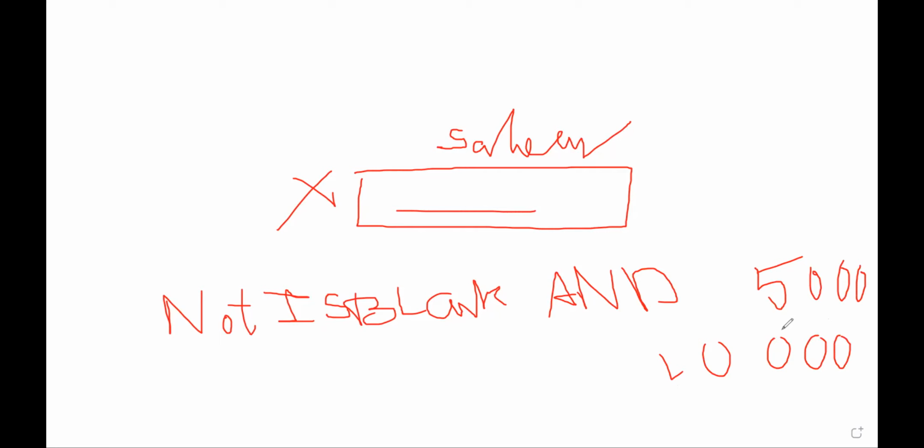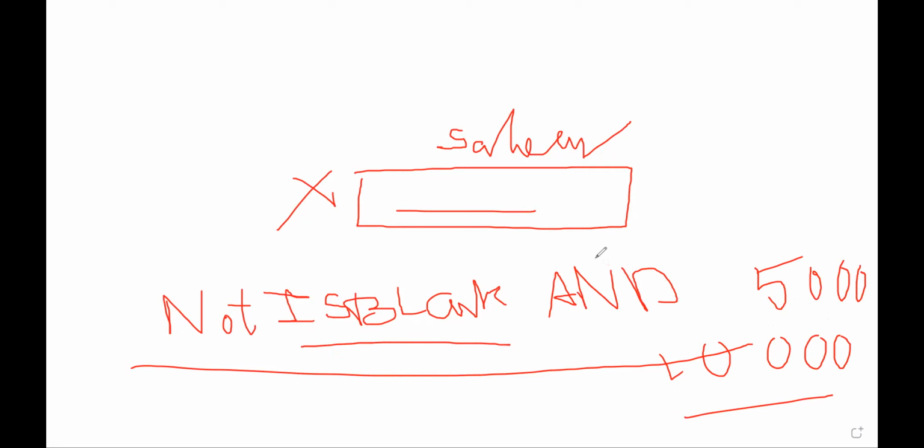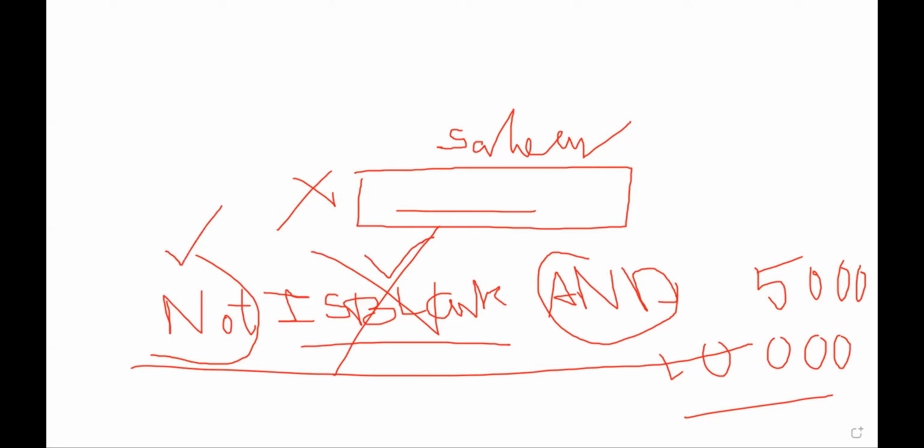Now, this only I have written as a formula: should not be blank and should be between 5,000 and 1 lakh. Till now, it's clear? NOT means is not blank. So we'll check ISBLANK. If ISBLANK is true, then we'll say NOT. We'll see the formula.